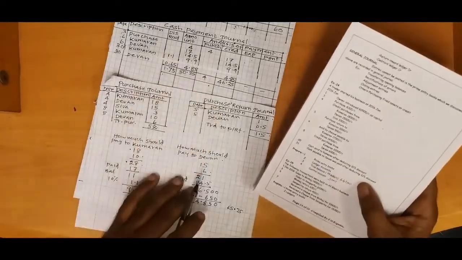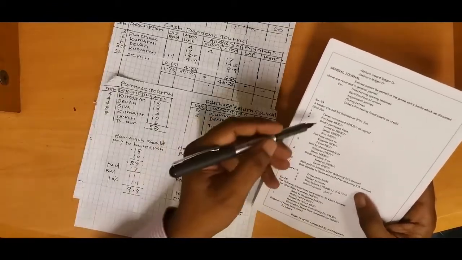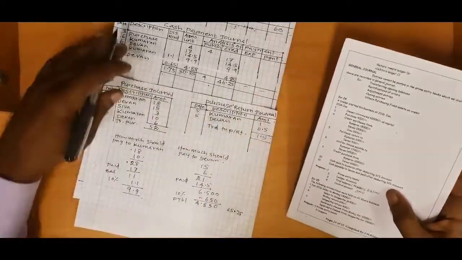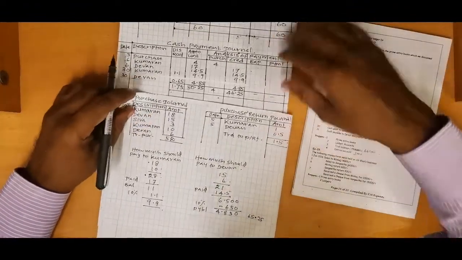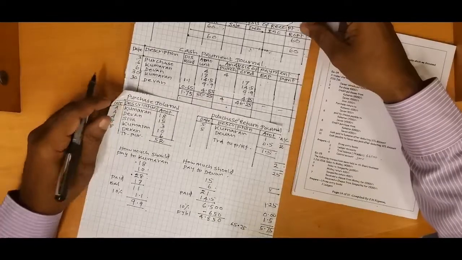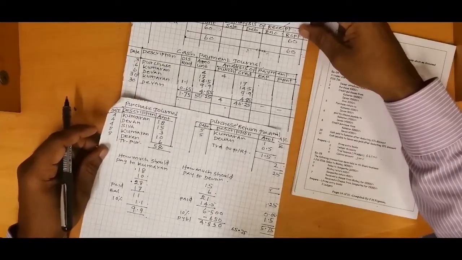Right, now we have recorded all the transactions given in the prime entry books. Now you have to transfer the amounts to ledgers from the prime entry books.